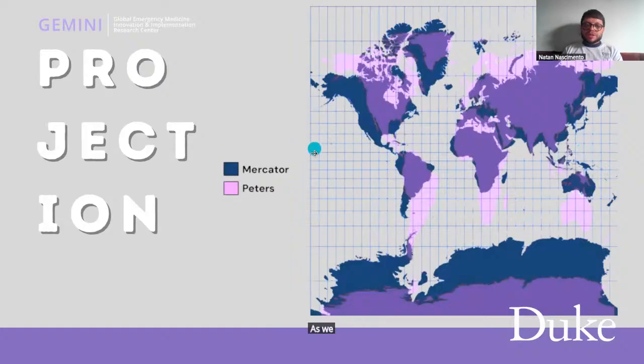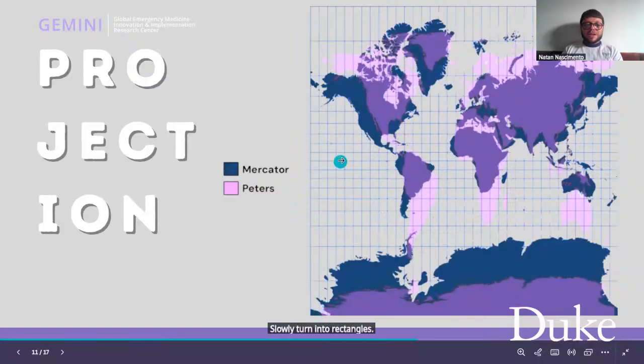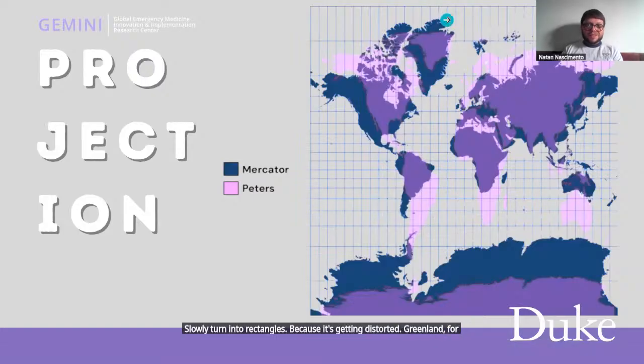As we go up, we can see those boxes, all those squares, slowly turn into rectangles because it's getting distorted. So Greenland, for example, is not that big. Here it's like the same size as Africa and it's way smaller. It's not even comparable.